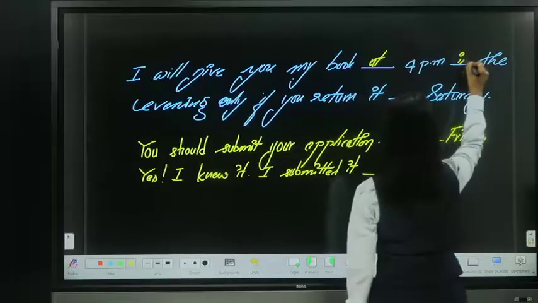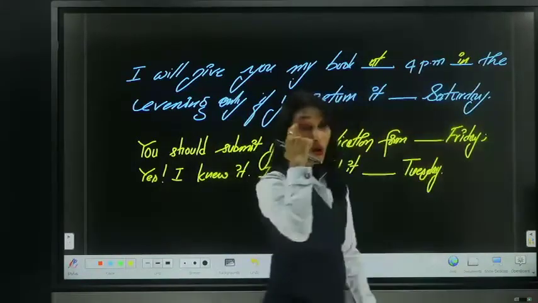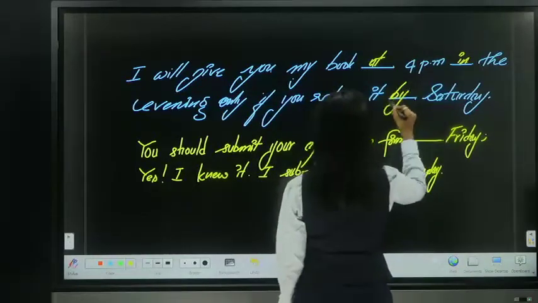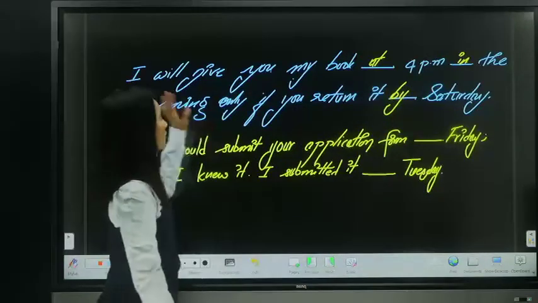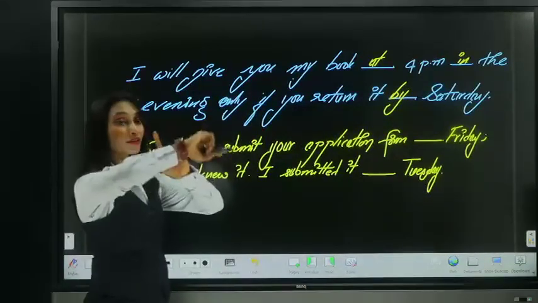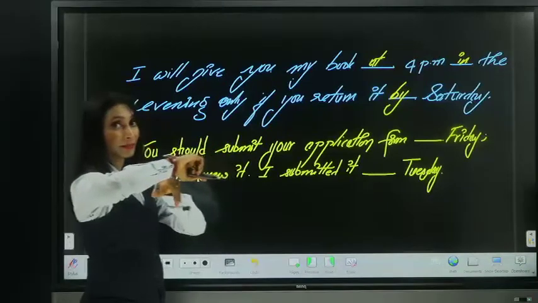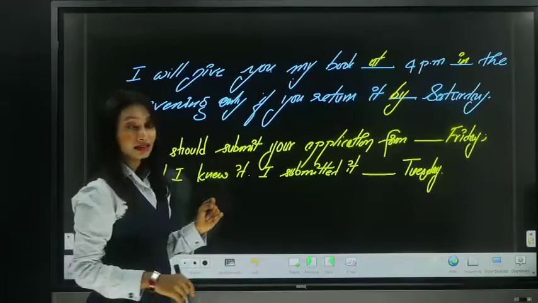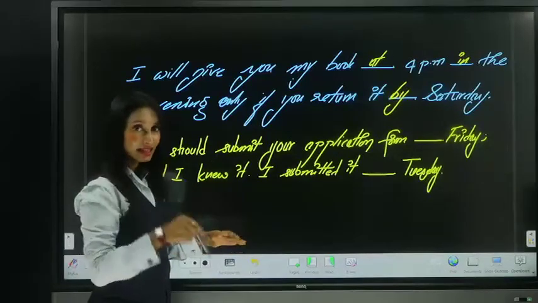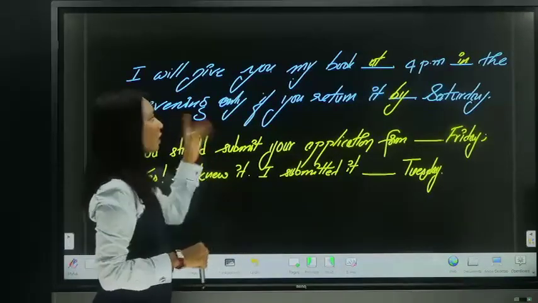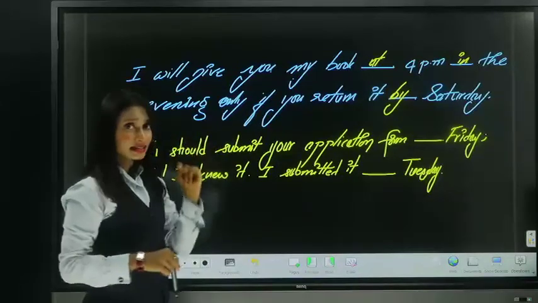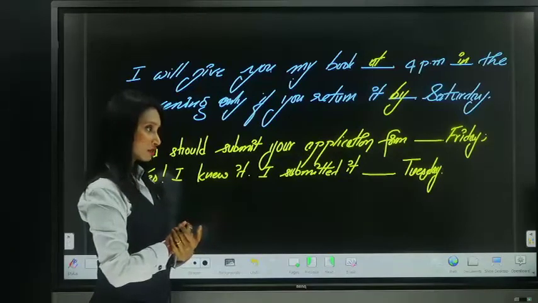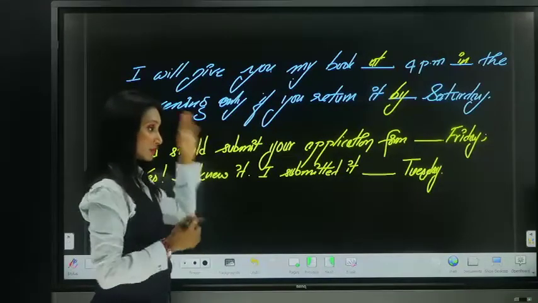I will give you my book at 4 p.m. Here it indicates clock timings. In the evening, talking about the evening session of the day. Only if you return it by Saturday, latest time or period. So good, Sunny, and good try, Akash and Swapna, but try to understand.